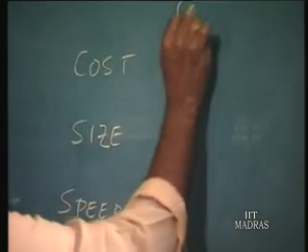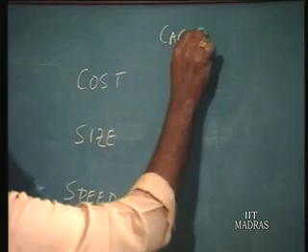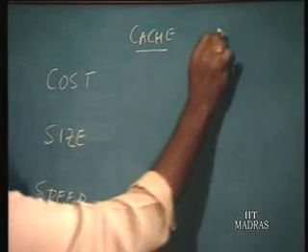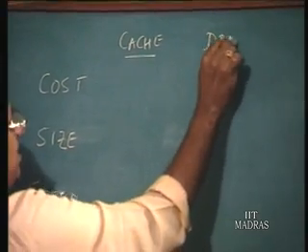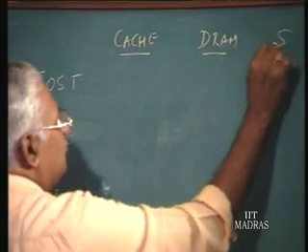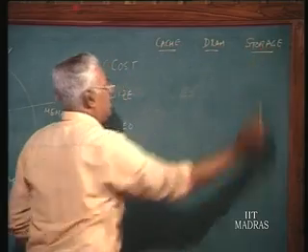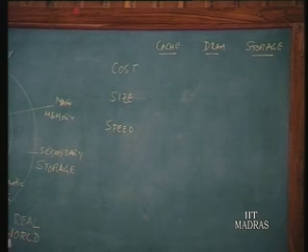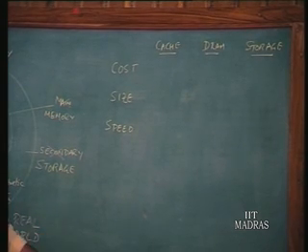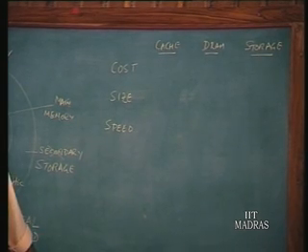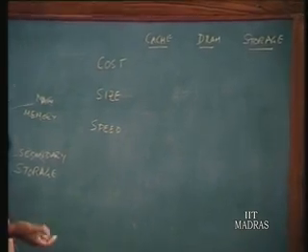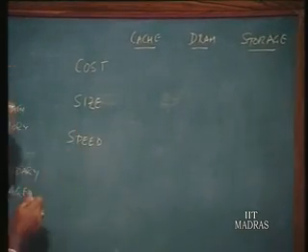A typical figure you can have, say cache, and then the DRAM or the main memory, and then the storage. Okay. It is only typical, it will vary from time to time. Maybe you can take it given a particular time.